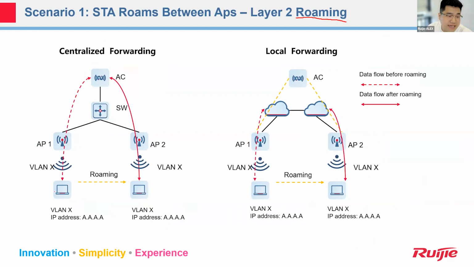Now we have a STA, and it is first associated with AP1. From the figure, we can see this is a laptop. For example, me, now I am doing the training in the meeting room, and of course I'm connecting with the AP in the meeting room.